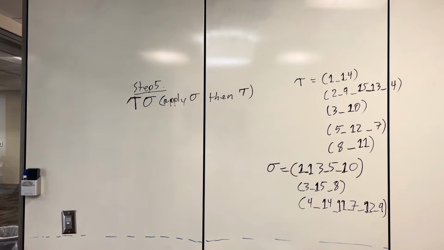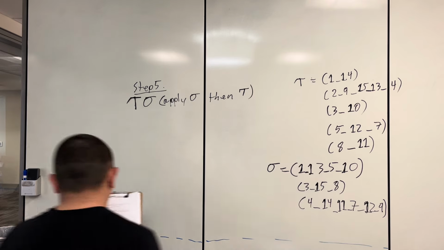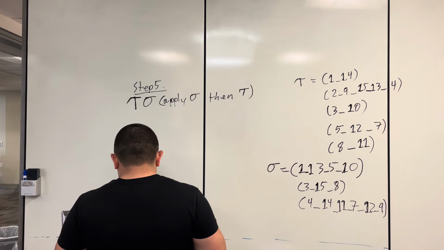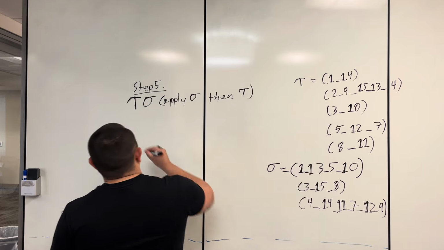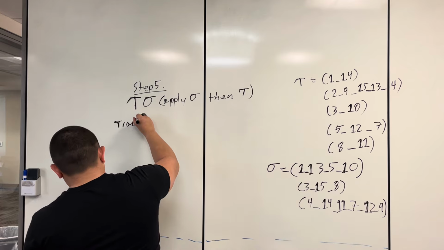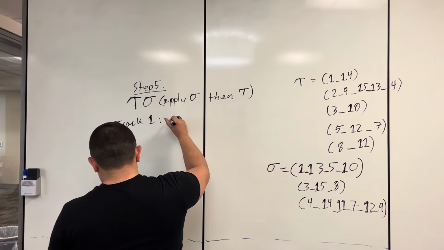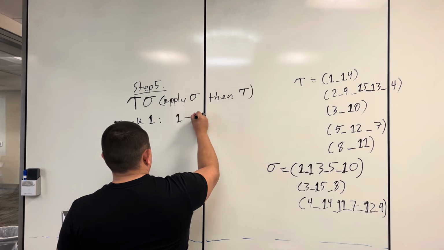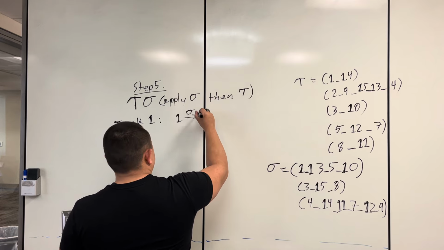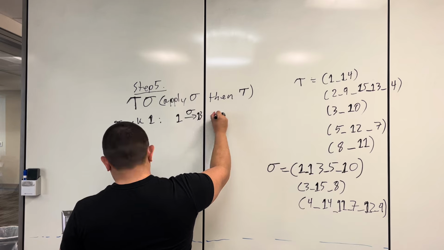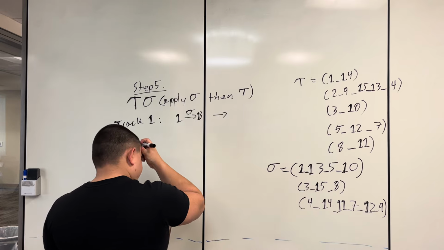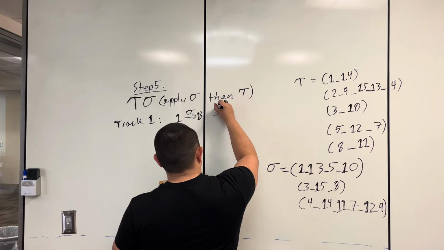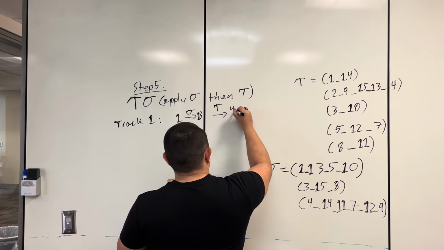Trying to pick up the pieces of where we left off. So we track 1 here. Go 1. By sigma, that gets us to 13, by tau 4.